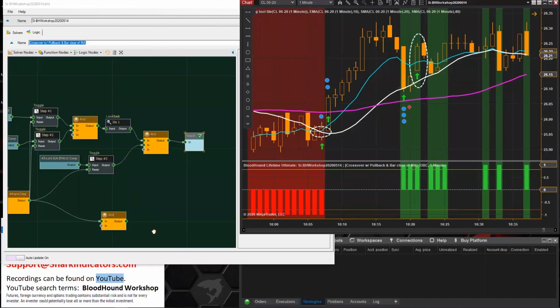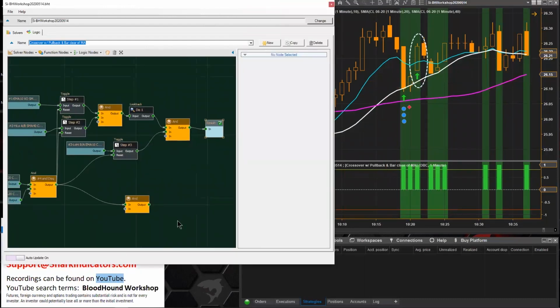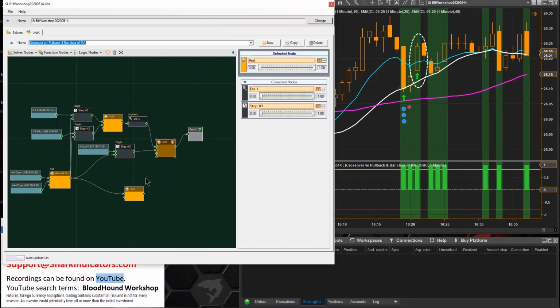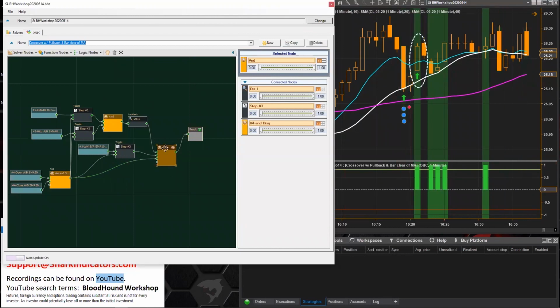And let's see, if you remember, the rules said that step 4 and 3 could actually be on the same bar. So let's mark up this AND node here. This could be number 1 and number 2.